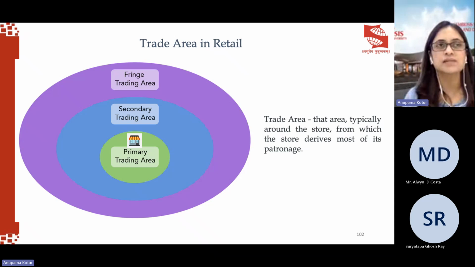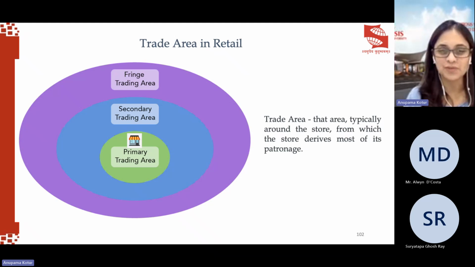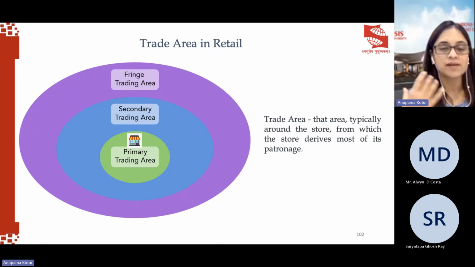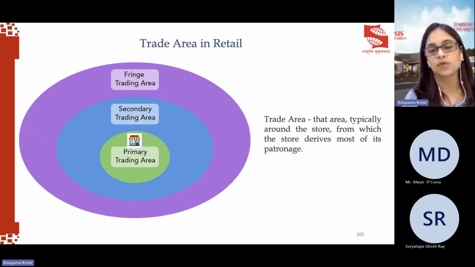There are some restaurants which are very far from where you are, but because you love the experience in that restaurant, you probably love the food over there, you don't mind driving 10 or 15 kilometers to go to that restaurant, isn't it? So while not a lot of them might come, you will definitely see some movement from the fringe trading areas also to your store location.